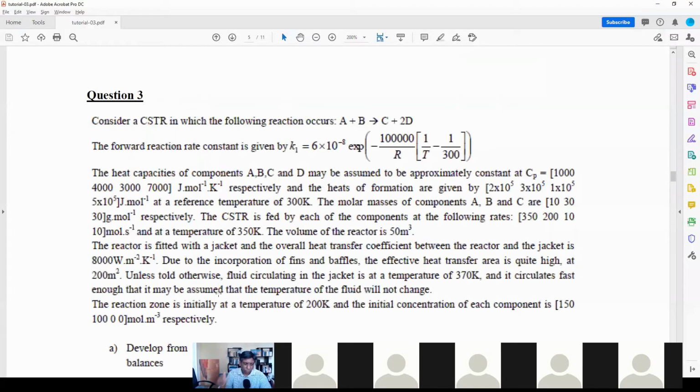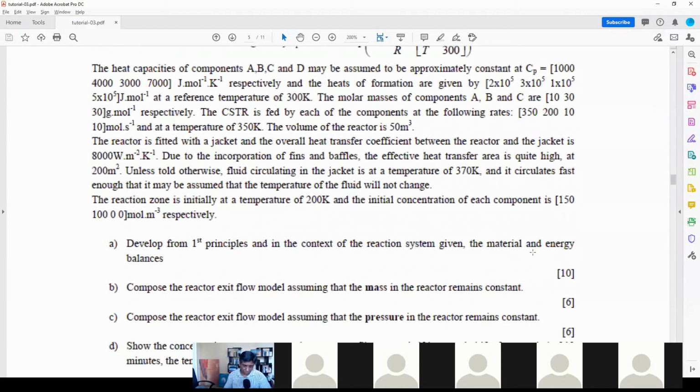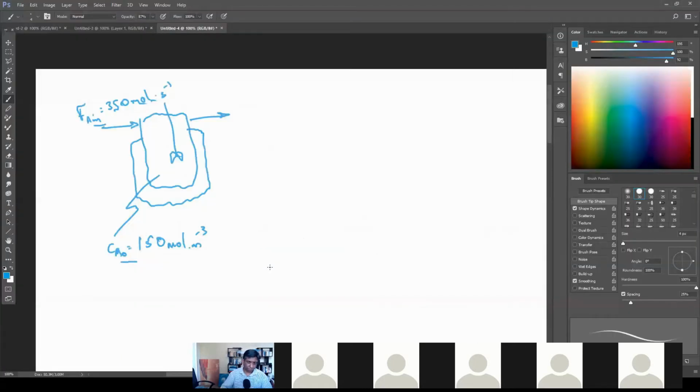Anyway, we want to develop from first principles the material and energy balances. So let's do that. We know that the general material balance for a CSTR, dNi/dt, is equal to, and if this is a gas phase reaction, let's say all this is in the gas phase, then your V is constant.